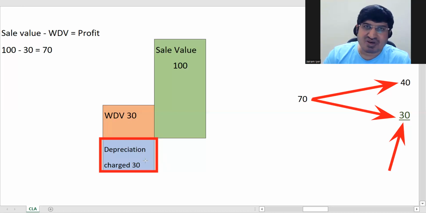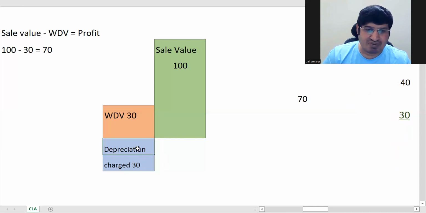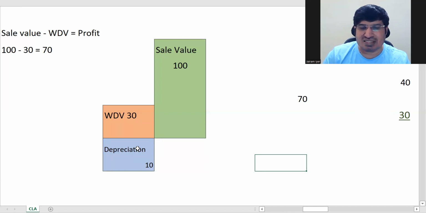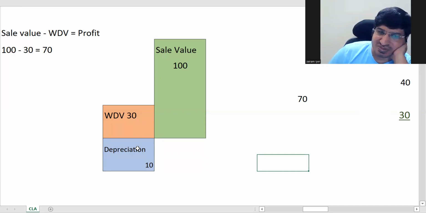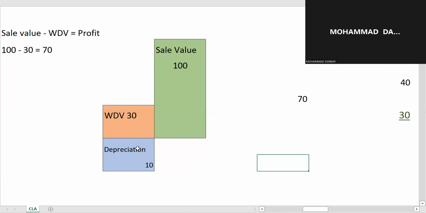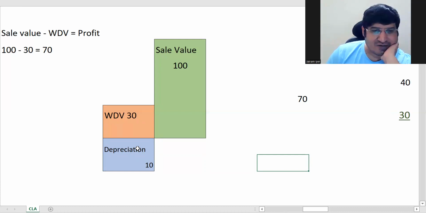Correct, only the deduction you have given is being recovered. Now my question is, if the accumulated depreciation here would have been 10, same case, what would be the balancing charge? 10, sir. What would be the capital gain? 60. Good, that's what it is basically.